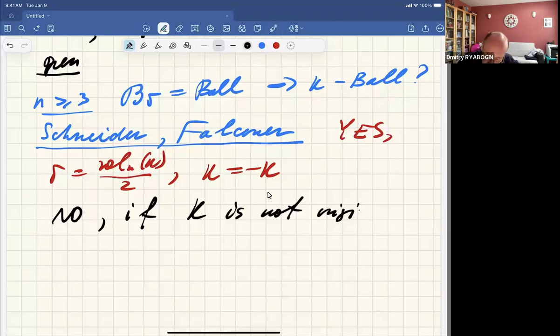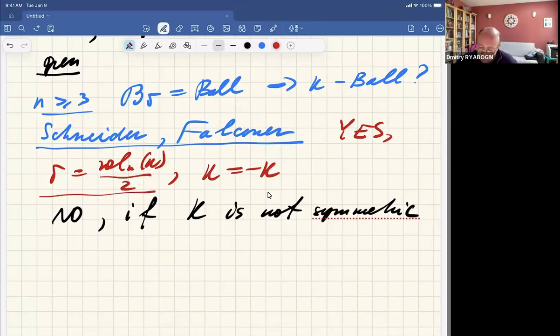So for this density, for half, it is known; for other densities it is open. So for the density delta that is not half, it is open.